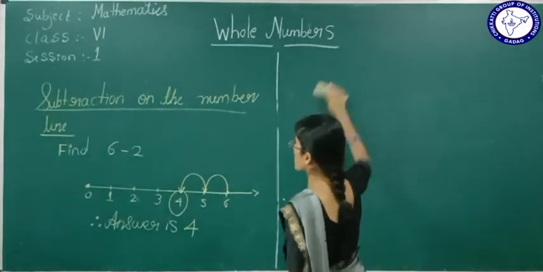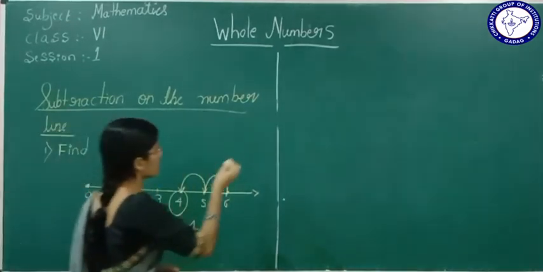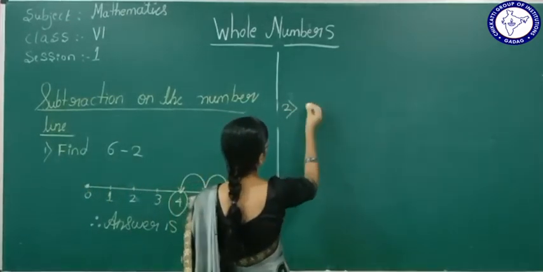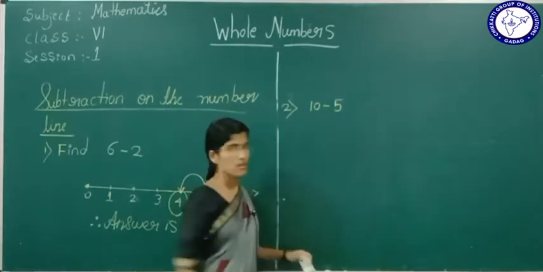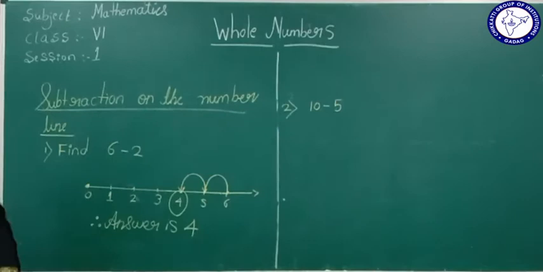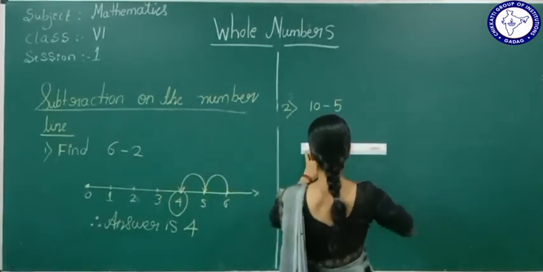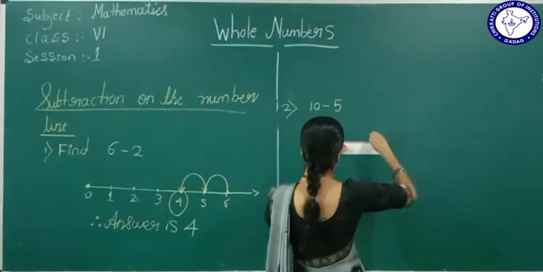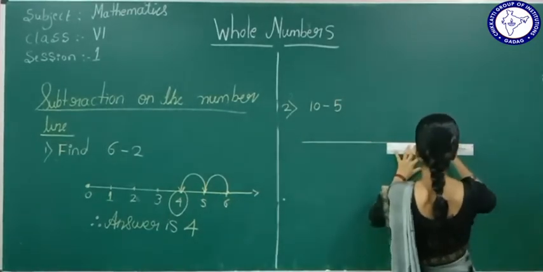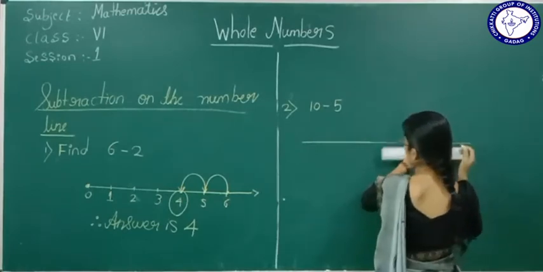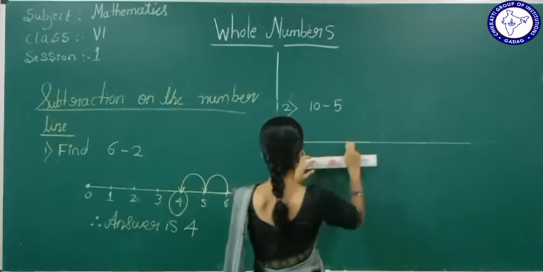In the same way we will do one more. What is 10 minus 5? You know that is 5, but we have to do it on a number line. Whole numbers will start from 0.